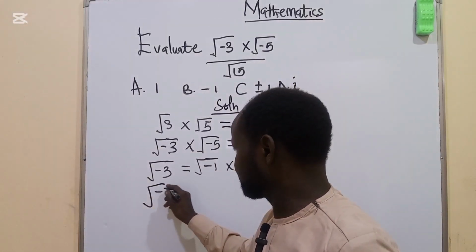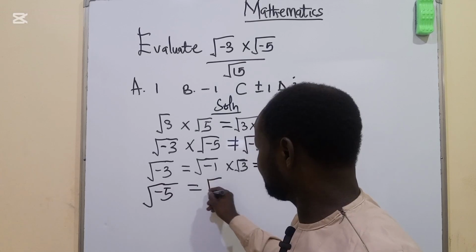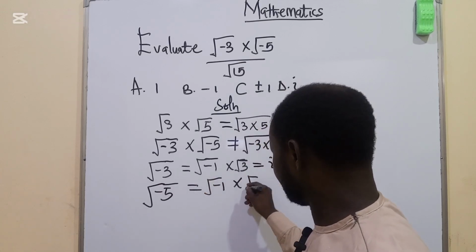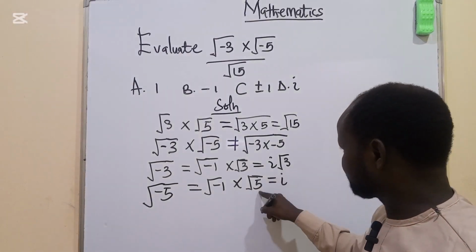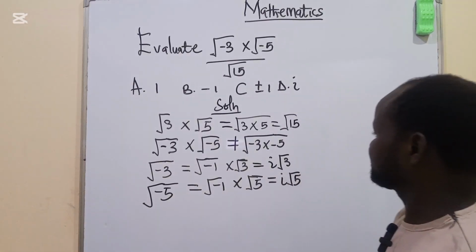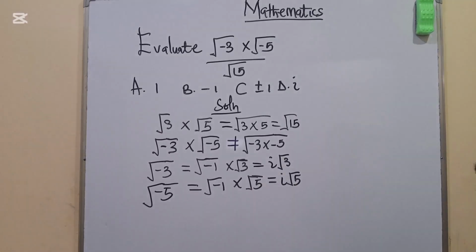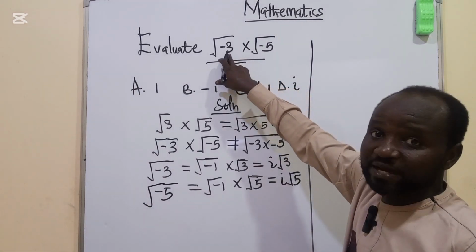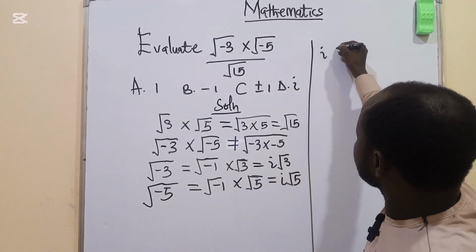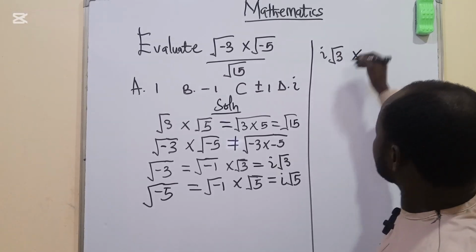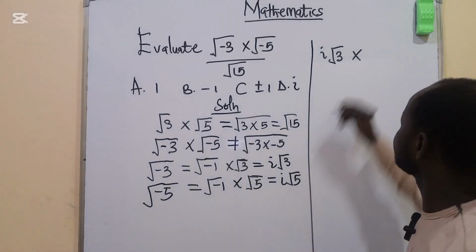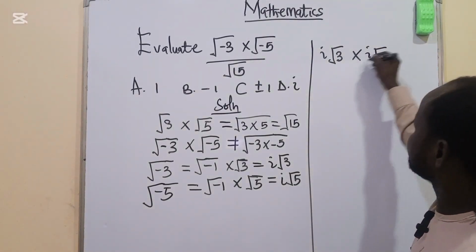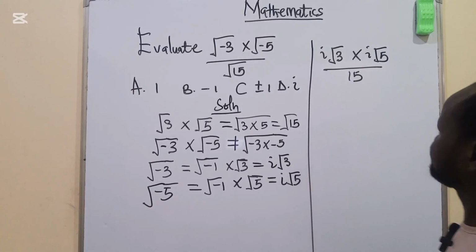Root minus 5, we use the same concept, will be equal to root minus 1 times root 5. Root minus 1 is the same thing as i multiplied by root 5. That will be i root 5. So we will use this concept to evaluate this question. In place of root minus 3 now, I can replace i times root 3, and in place of root minus 5, I will replace i times root 5, divided by root 15.